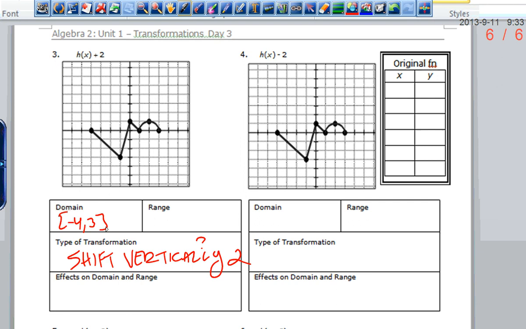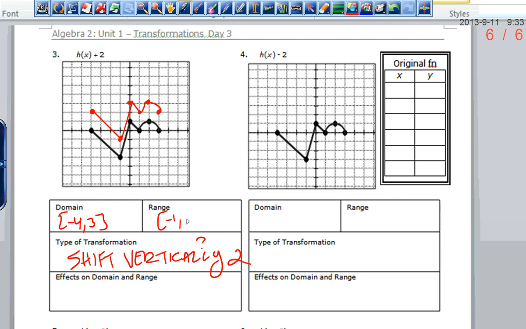And what happens in my range? Everything goes up too, right? So here's our first point. There's our next one. So we already said our range went up 2, so I'm just going to add 2 to both of the y values.